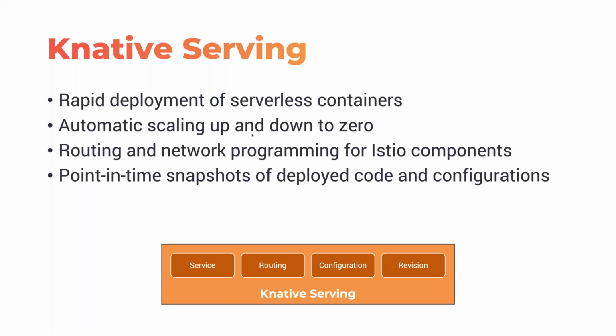So if you deploy a service in Knative serving and you are not sending any traffic to it, it will die. But it doesn't mean it has died permanently. It dies only until it receives a new request. The moment there is a request, Knative serving figures out that there is a request and the pod is not available. It automatically wakes up your application, and there is a little bit of latency the very first time, which is called the cold start, but subsequent requests automatically go to the existing pod.